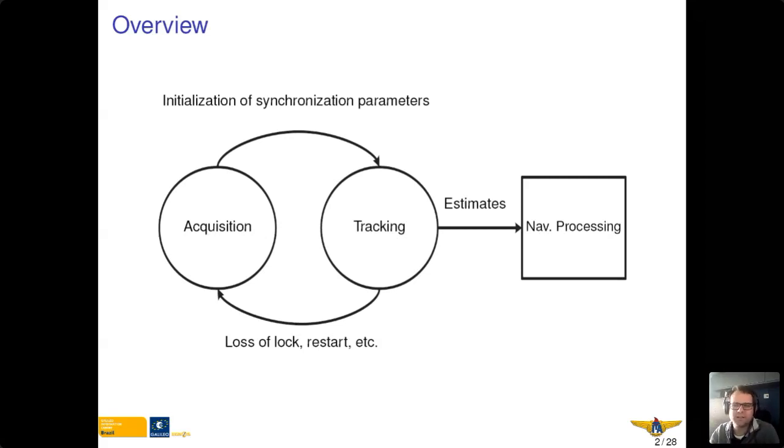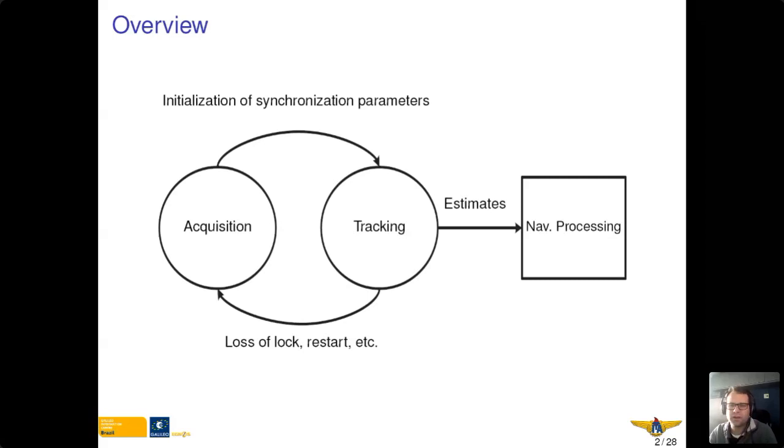They have what's called a lock detector, checking whether the parameter estimates from the feedback system make sense or not. And if they decide, okay, we're not tracking a satellite here, then they go back to acquisition and acquire again.